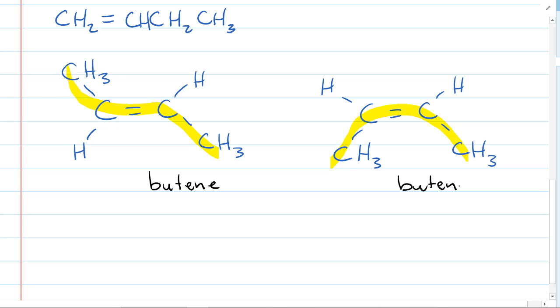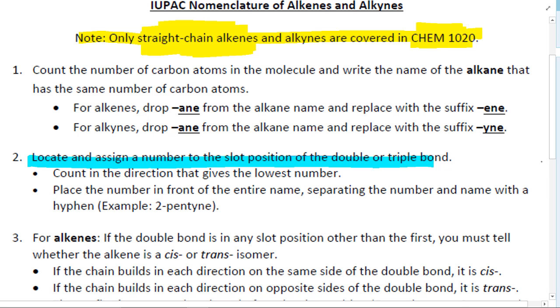Each one of them has a double bond located in slot number 2. So because the double bond is located in slot number 2, each one of them is going to be called 2-butene. But because they're different from each other, we want to distinguish them from each other.